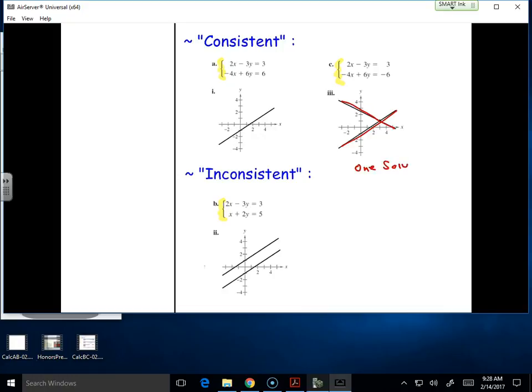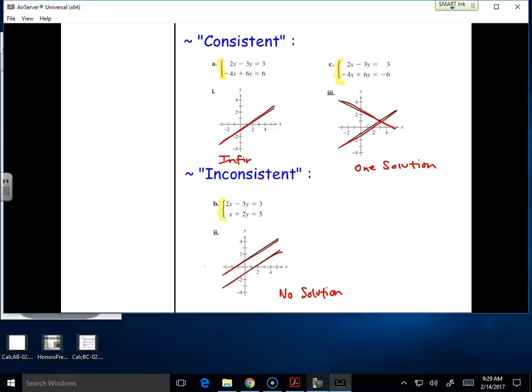I see this bottom one intersecting in how many points? 0. So we can say no solution. What's going on with this guy that only has one line? Infinitely many solutions. It's the same line. When the systems are equivalent, they're going to match everywhere because they're the same thing. So we would say infinitely many.